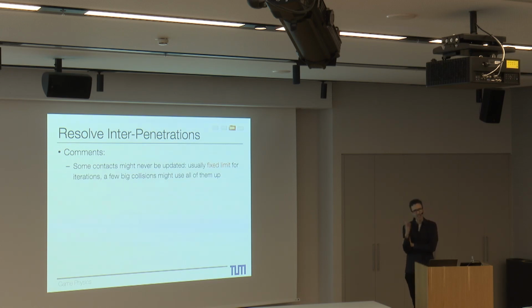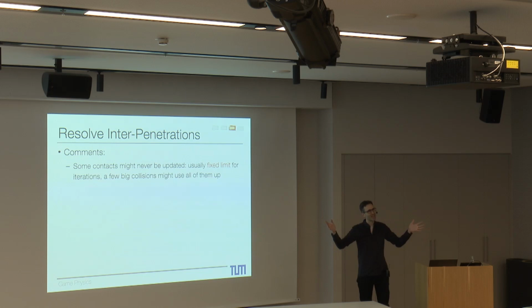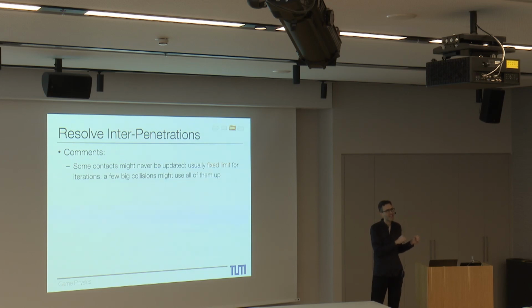Seems like a good fix. At least then we can guarantee a certain update rate or a certain computational load per time step. But what in practice is quite bad is that there might be a few really large collisions. You might have some large heavy object crashing into a wall that's really taking all of these 100 update iterations, and then we have a few small ones, some light piece of cloth around a character, and all the resources are spent on the big heavy ball.